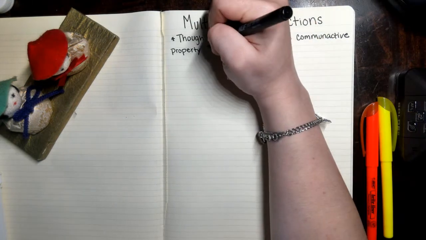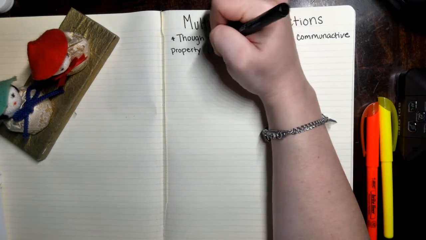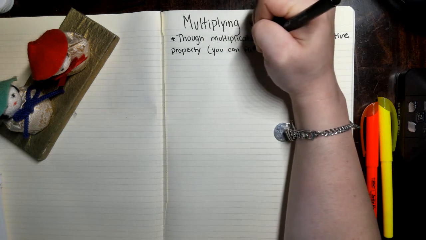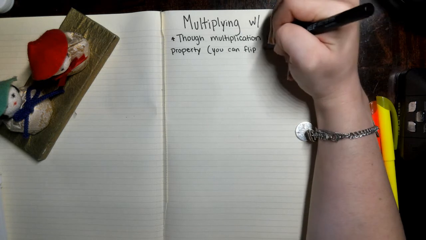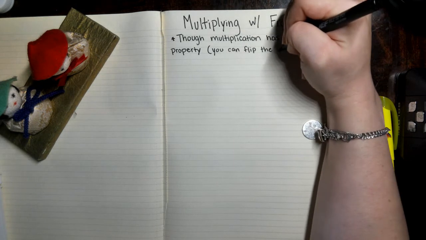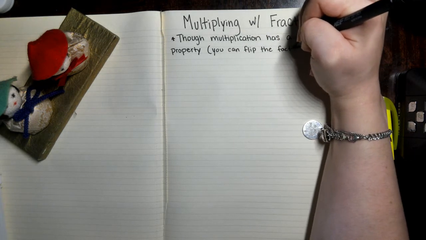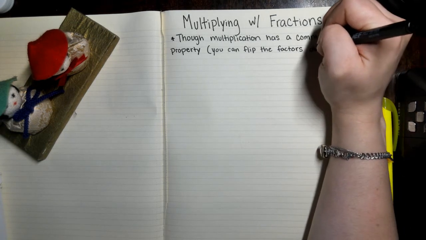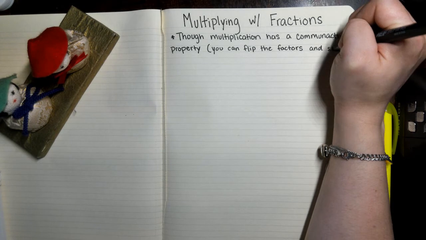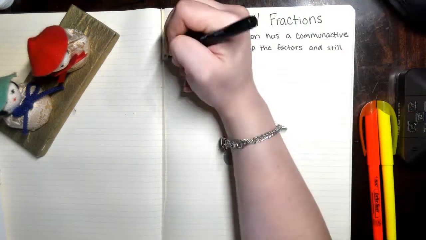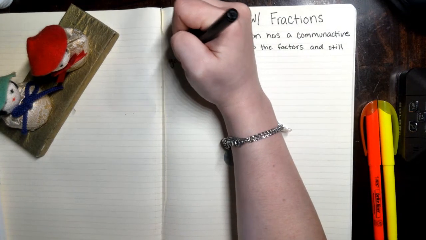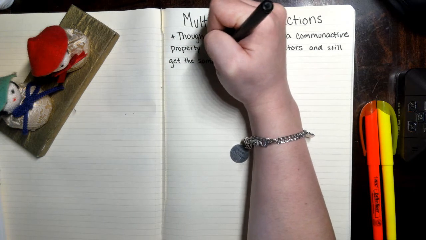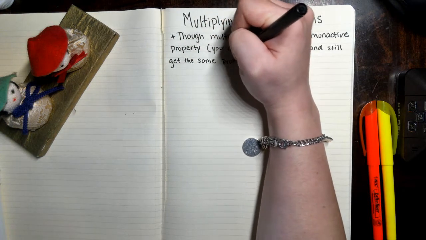commutative property, and what that means is that you can flip the factors and still get the same product.